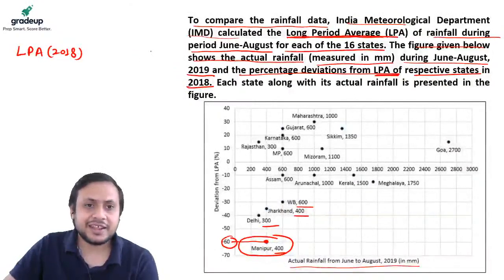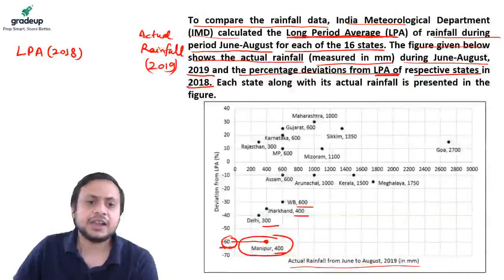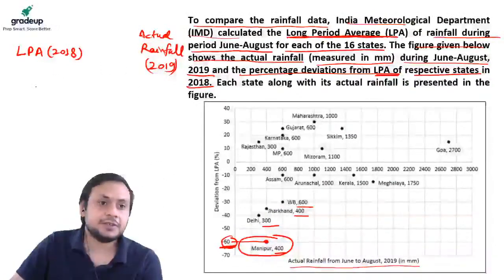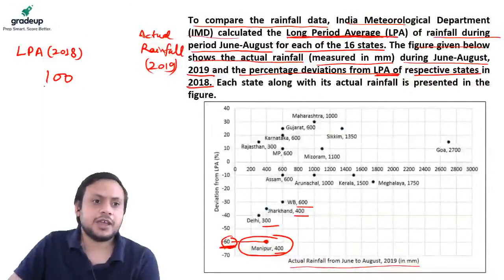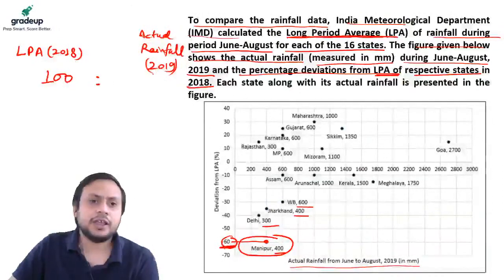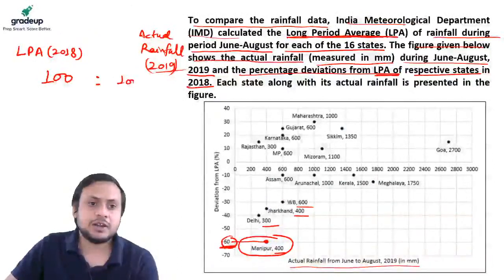The actual rainfall in 2019 is 60% less. It has deviated by 60%, and since it is a minus sign, it is 60% less. So in terms of ratios, if LPA in 2018 was 100, then actual rainfall in 2019 will be 100 minus 60, or 40.